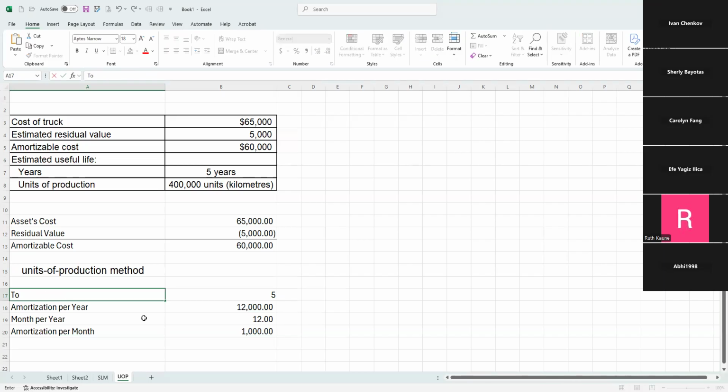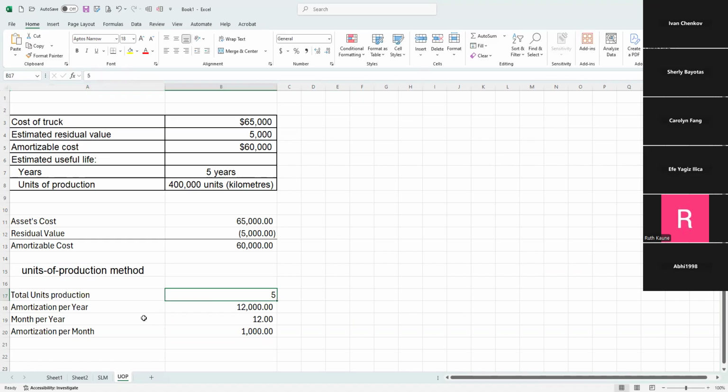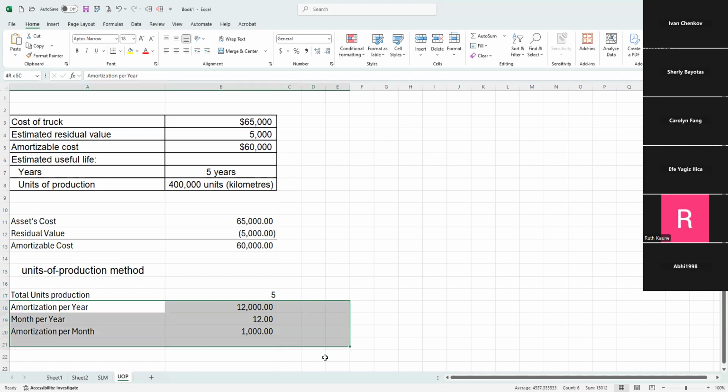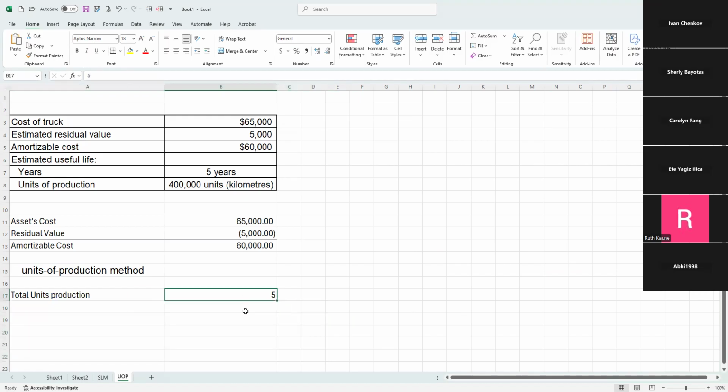So total units production over the entire useful life. How many units can we produce? We already have it, 400,000 units.